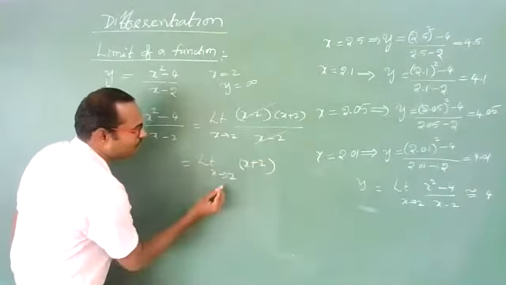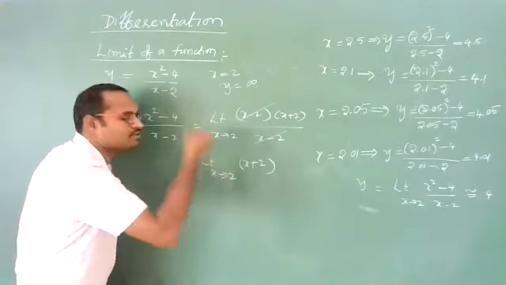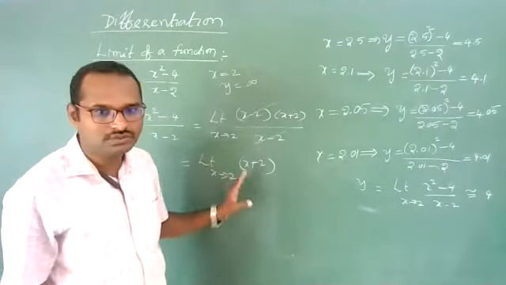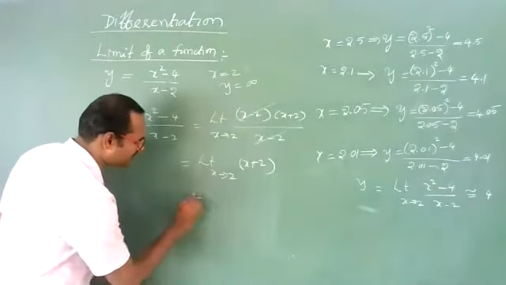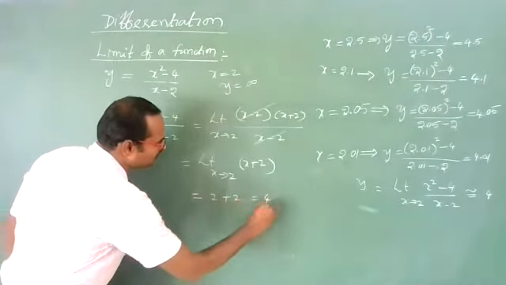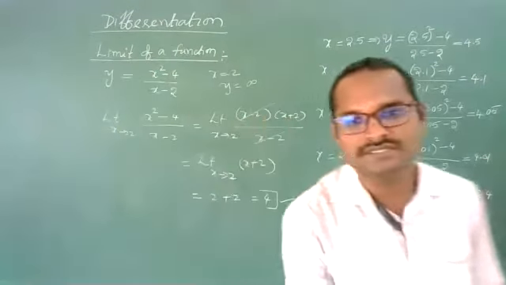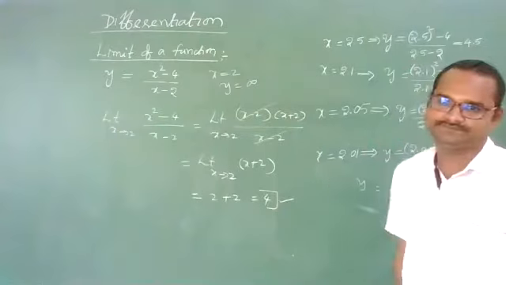Now wherever x is there, you can substitute 2, because when you substitute 2 here, you are not getting 0. Clear? Means it will become 2 plus 2 is equal to 4. Yes, it is a simpler method than the previous method. In this simple way we can find it.